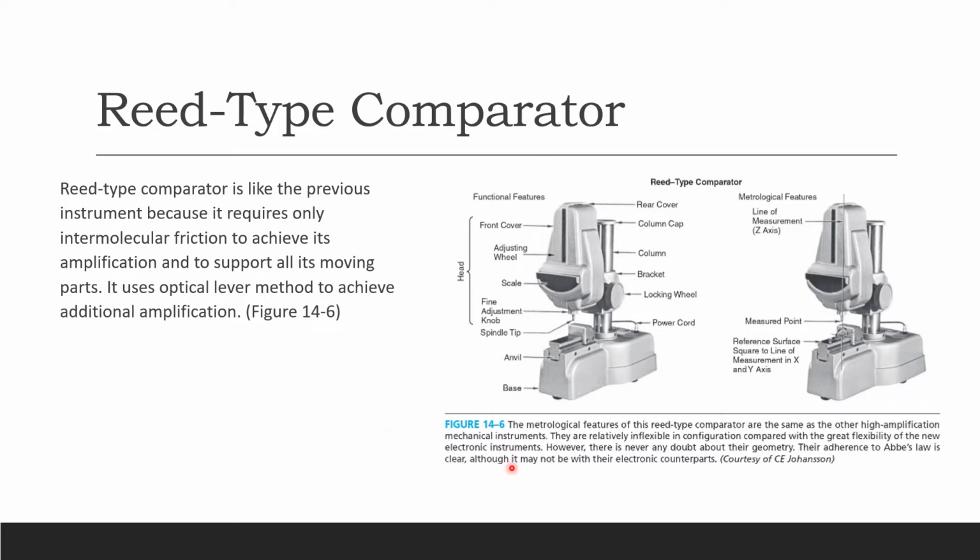Electronic instruments are more flexible than these mechanical ones. However, there's never any doubt about their geometry. So this adherence to your Abbe's law is completely clear, although it may not be with their electronic counterparts.